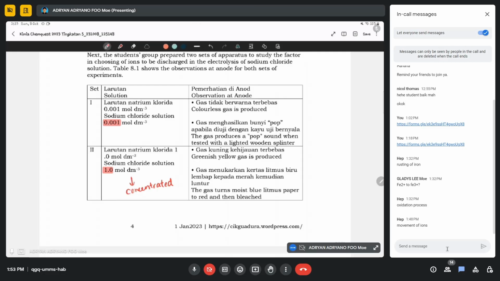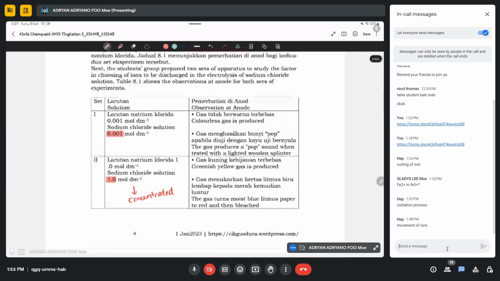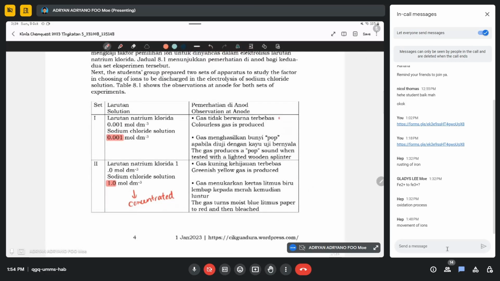It's the basic thing. Then you look: colorless gas, greenish yellow gas. The gas produces a pop sound. The gas turns moist blue litmus paper red and then bleaches it. What can I know? In set 1, the colorless gas is hydrogen gas. Why do I know it is hydrogen? Because of the pop sound. Whenever you see a pop sound, it is hydrogen gas, no need to think. So in the first set, it is hydrogen gas.